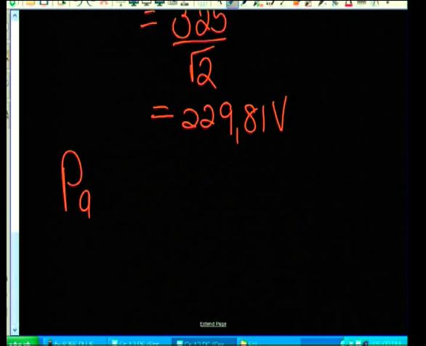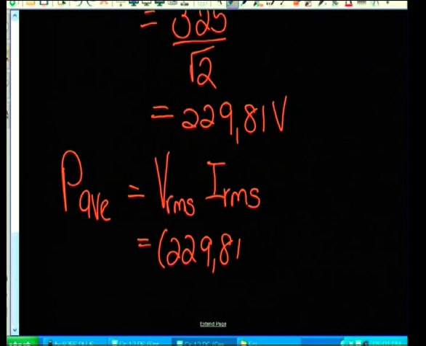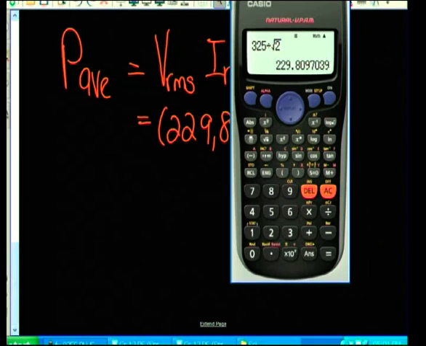So average power equals VRMS times IRMS. 229,81 times 13. Now I know at this point what a lot of you want to do is go, oh, the answer's in there already, let's use it. Please don't, because it's going to mess up the decimals and then it becomes a nightmare to mark.